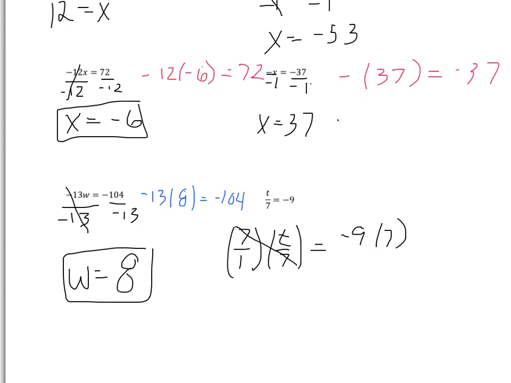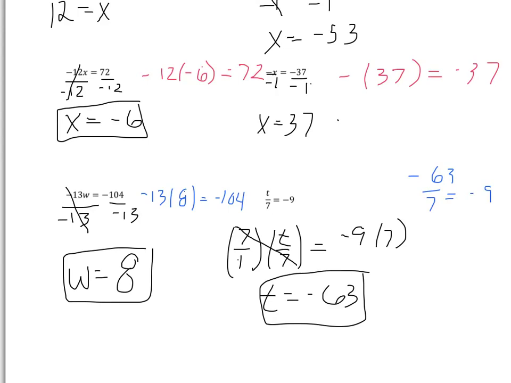Here we can cross cancel. The 7s cancel. t divided by 1 is just t. And then here, 9 times 7 is 63. But because we have negative 9 times positive 7, that's going to be negative 63. This is our answer. Plug this back in to check: negative 63 divided by 7 equals negative 9. In fact, that is the case. So there you go.